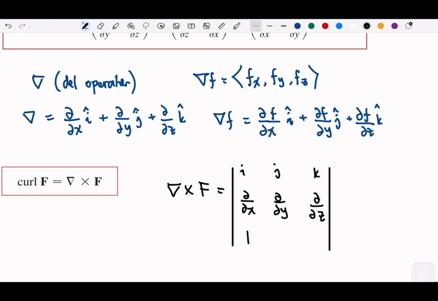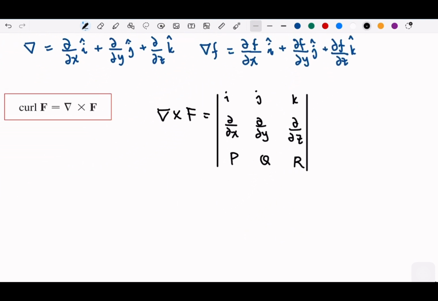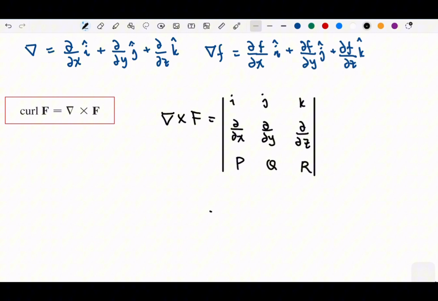And then this will be P, Q, R. So we can take the determinant of the 3 by 3 matrix.